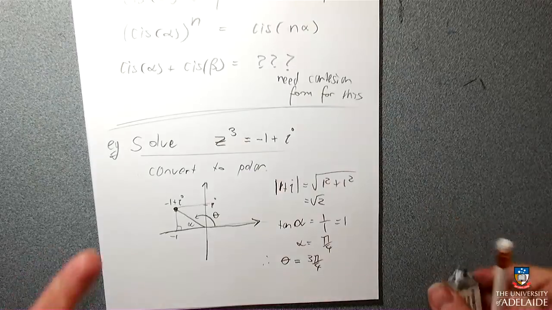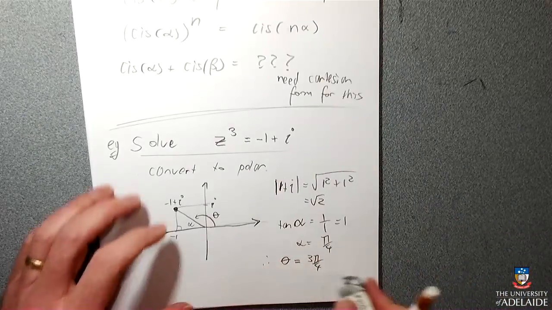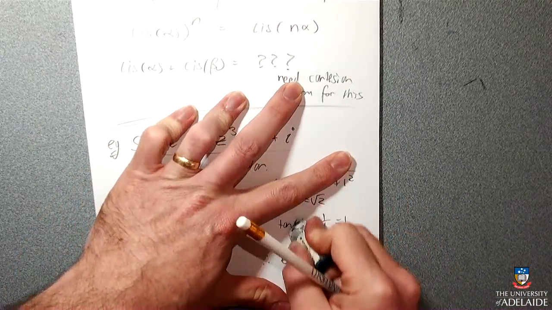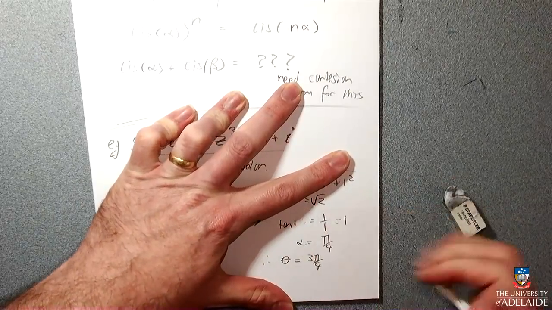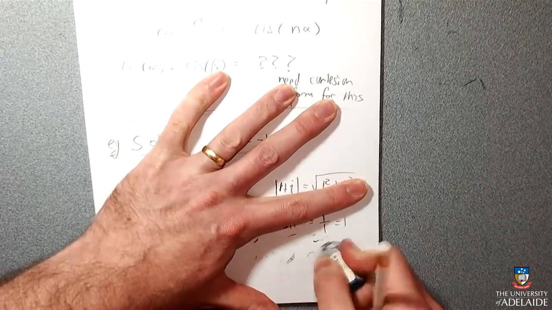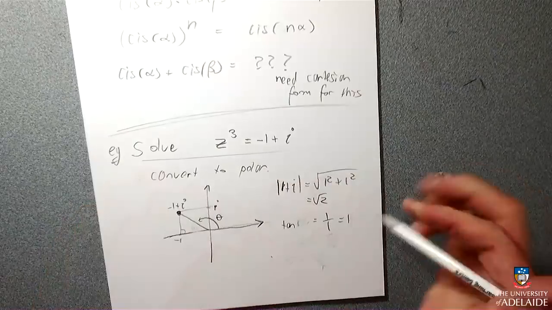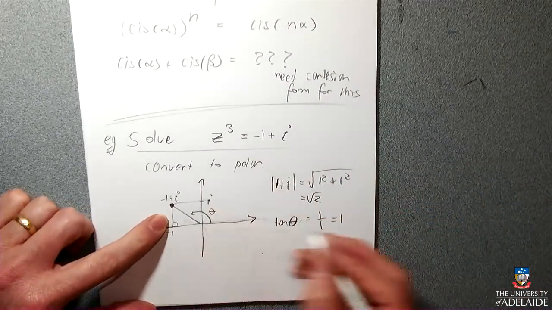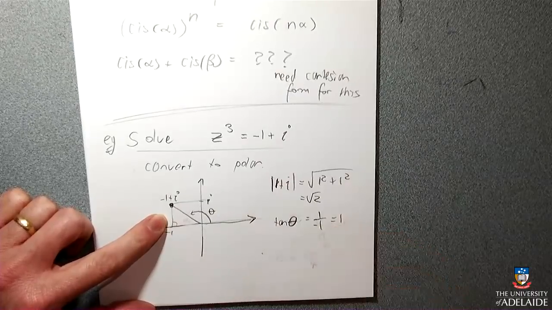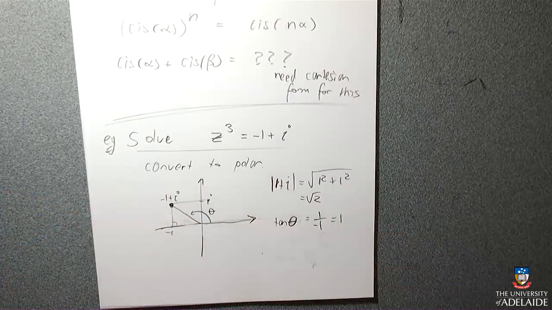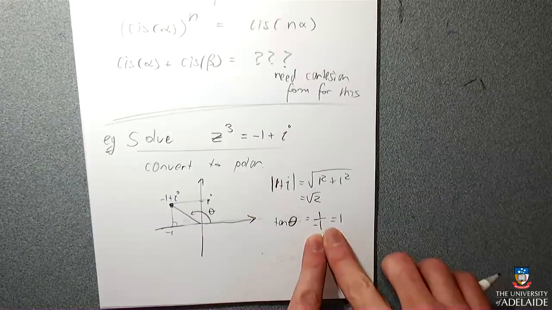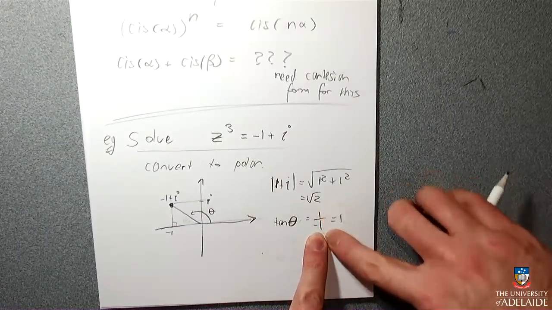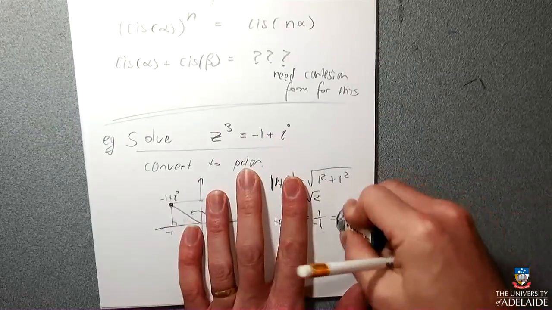So I could have done this. I could have said that tan theta is the y coordinate, which is 1, divided by the x coordinate, which is -1. That's what you were thinking back there? You got the x coordinate? Yep, and that comes out to -1.